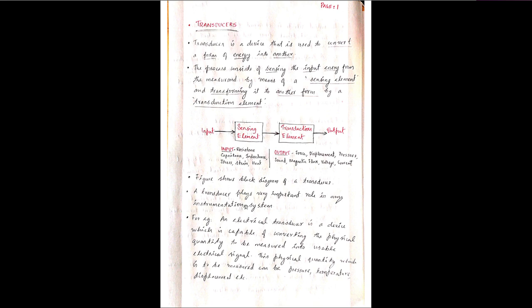Okay, and the transducer plays a very important role in any instrument system. For example, an electrical transducer is a device which is capable of converting a physical quantity to be measured into a usable electrical signal. This physical quantity which is to be measured can be pressure, temperature, displacement, etc. That is the same thing I told here.